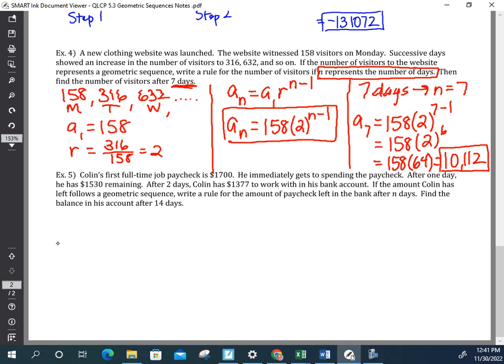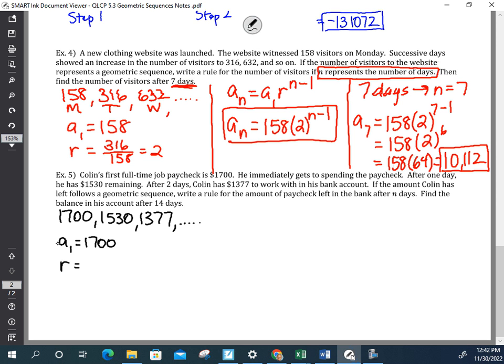So, as you can see, he's starting with a particular amount, and then it's decreasing each time out. So if we're following a geometric sequence, his first term is 1,700.